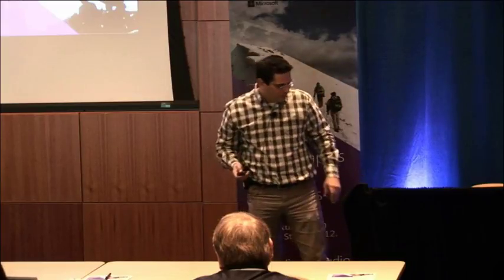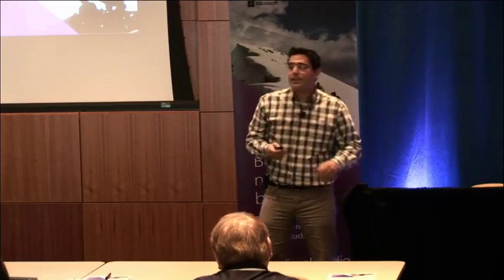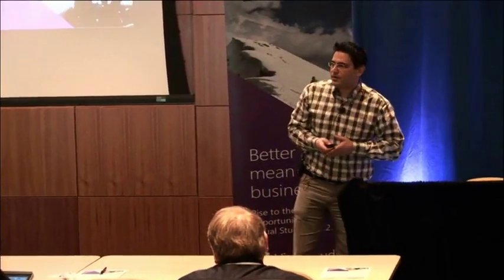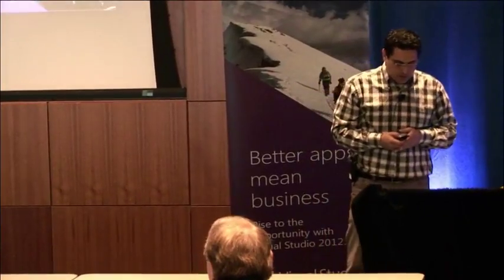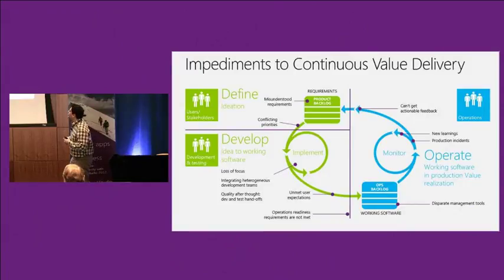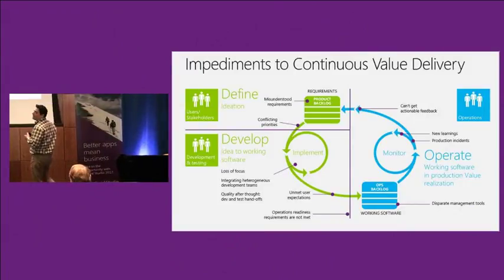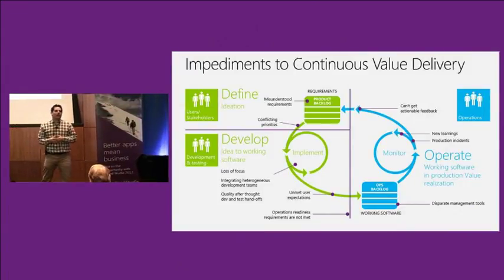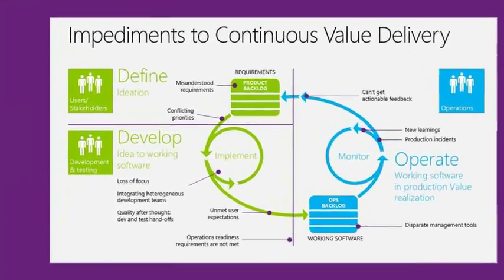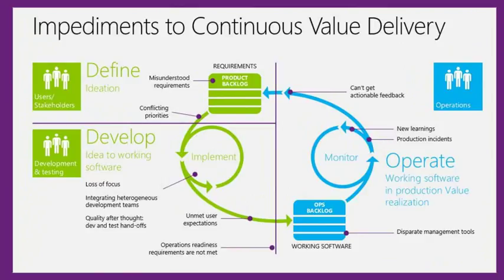And I'm here to talk to you about continuous quality enablement and how Visual Studio 2012 features can help you empower continuous quality enablement. So very often when we, as developers, think about the software development lifecycle, SDLC, we tend to think about this part here, development.